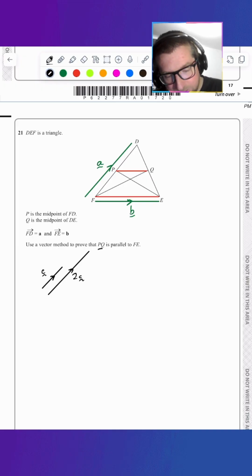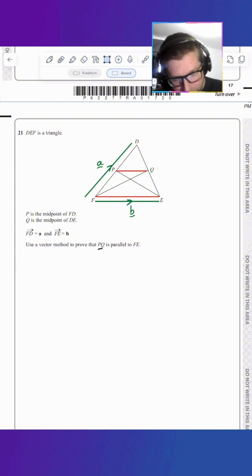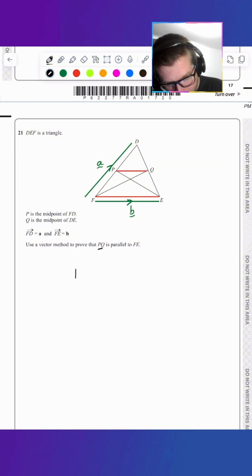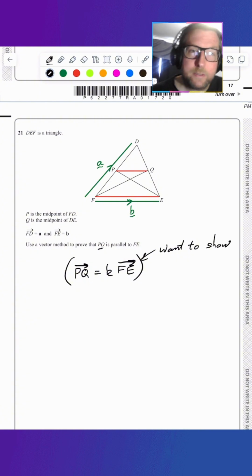So what this question is really asking is to show that the vector PQ equals some multiple of FE. That's not much you need to know, is it? We just need to know that a parallel vector is a multiple of the other vector, and we need to understand how we navigate this shape to produce new vectors.